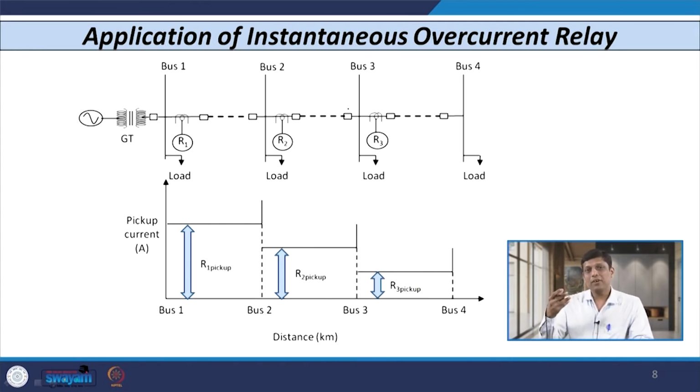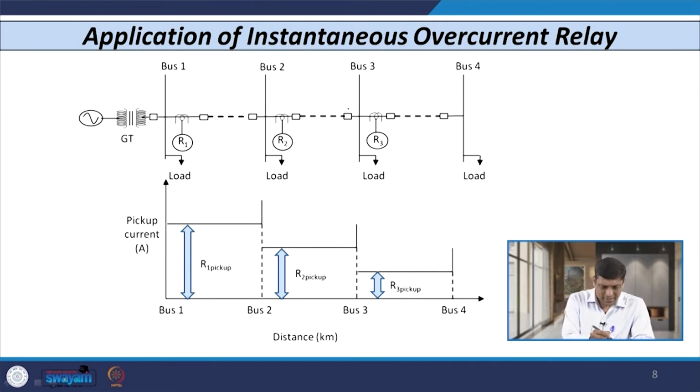So, the pickup of relay R3, or plug setting of relay R3, is minimum, and as we move further towards the source, from R2 to R1, the pickup of the relay goes on increasing. As we move from load to source, the pickup of the relay increases progressively.